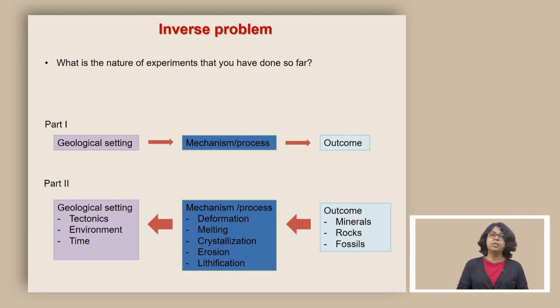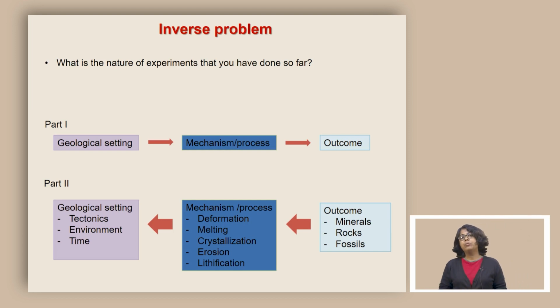That is how the general experiments that we encounter in the laboratories work. And by looking at the relationship between the input variables and the output variables, we try to understand the mechanism that is driving these results.